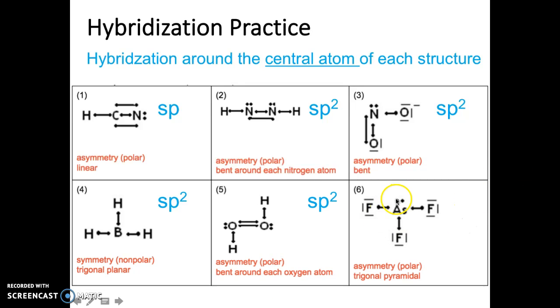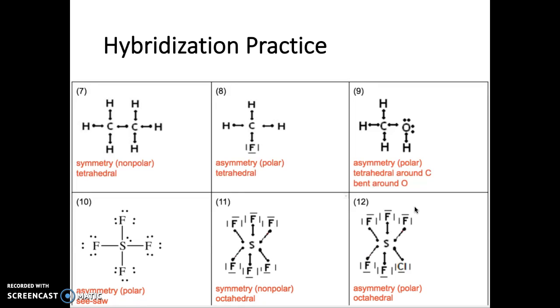Now here you have 4. So 1, 2, 3 are your sigma bonds, and then the lone pair is another orbital you'll need to be hybridized. So there's 4 total. So you'll need to hybridize one s and 3 p's to make what are called the sp3 hybrid orbitals. Let's go to the next one.